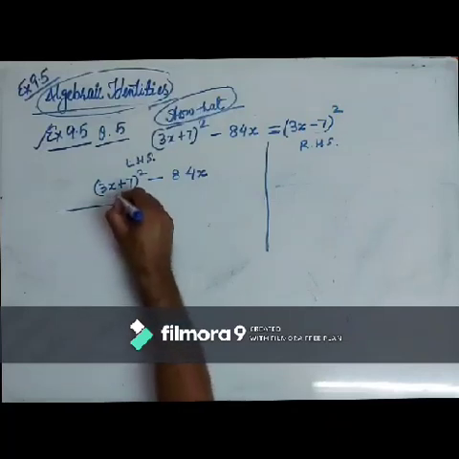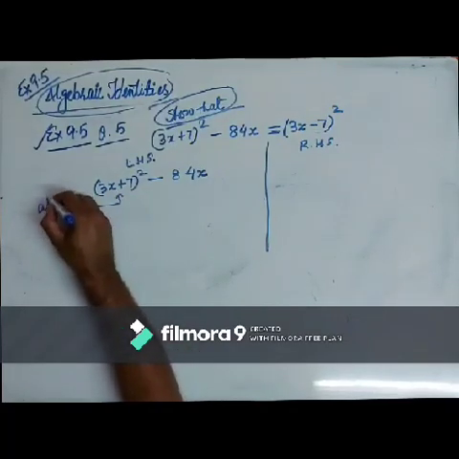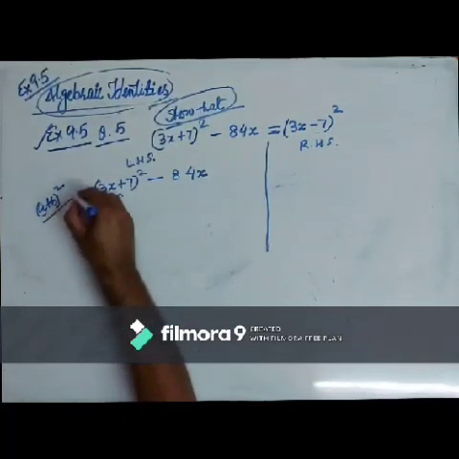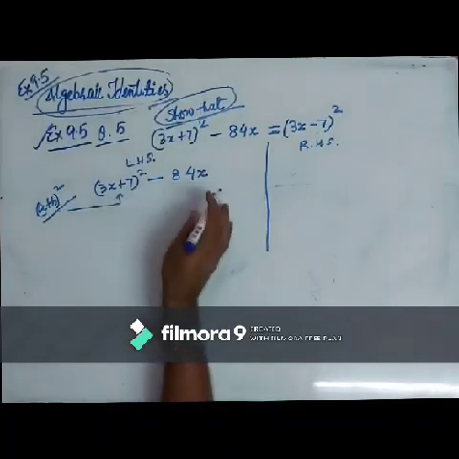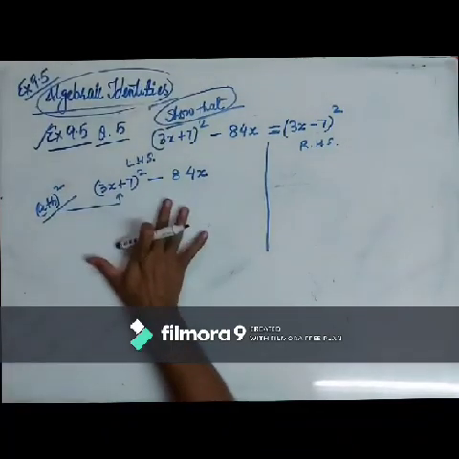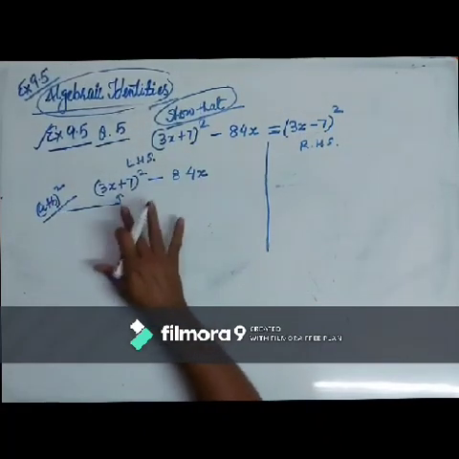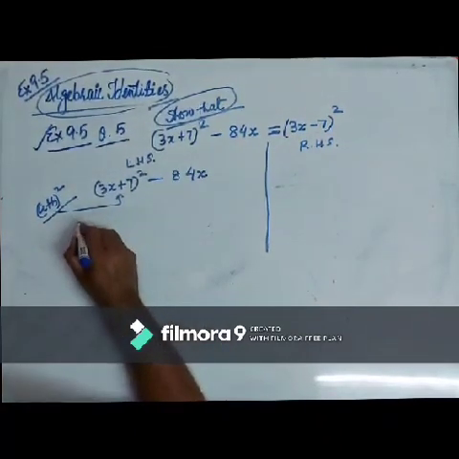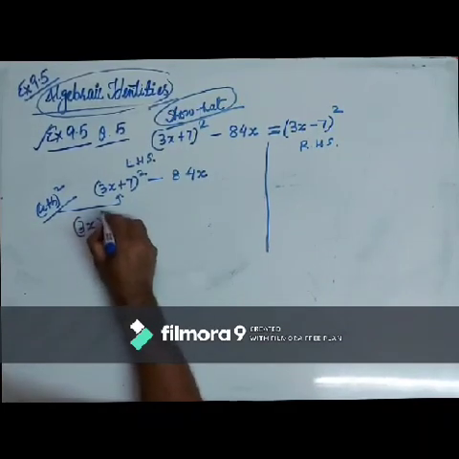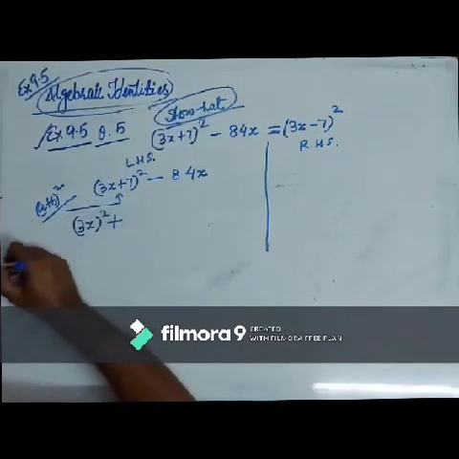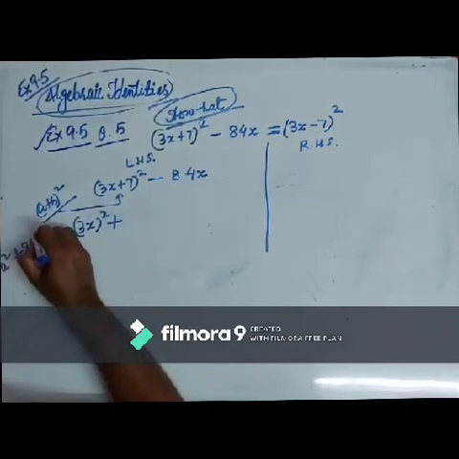Applying here identity number 1, (a + b) whole square, if you remember. So I can write without putting the identity now. Identity is a little bit easy for you now, so I can just use it here as (3x) whole square, this is a square, plus 2ab plus b square.